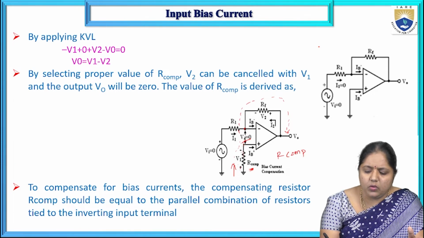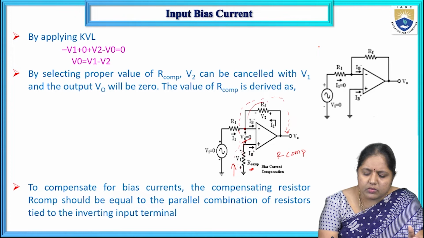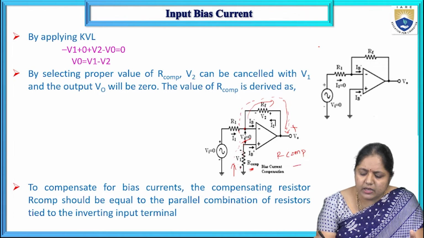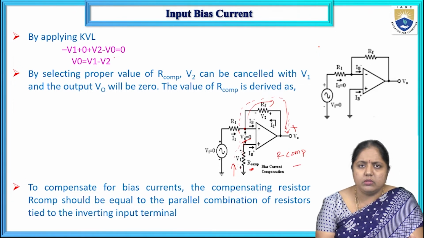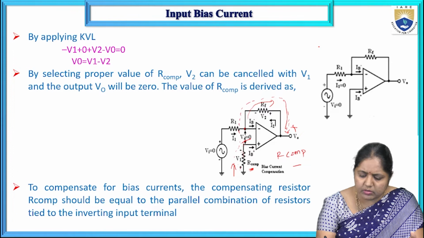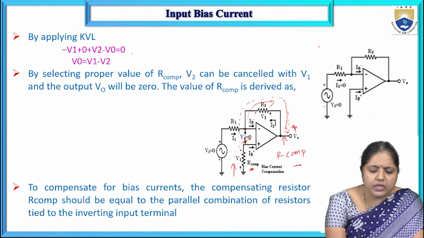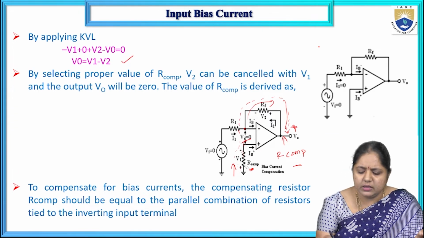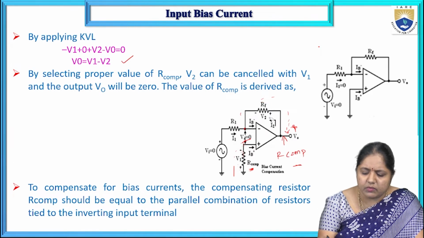So plus 0, plus V1 and minus V0 equals 0. Across the output voltage, this is the positive terminal and this is the negative terminal. If I simplify this, I get V0 equal to V1 minus V2.